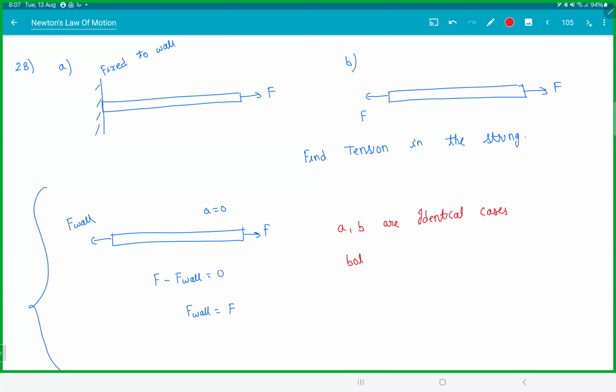Getting it? Both of them have two forces acting in opposite directions. Most people think the second case will have more tension. Both of them have the same two forces. The only difference is that in case B an external force is there and in case A it's a wall.